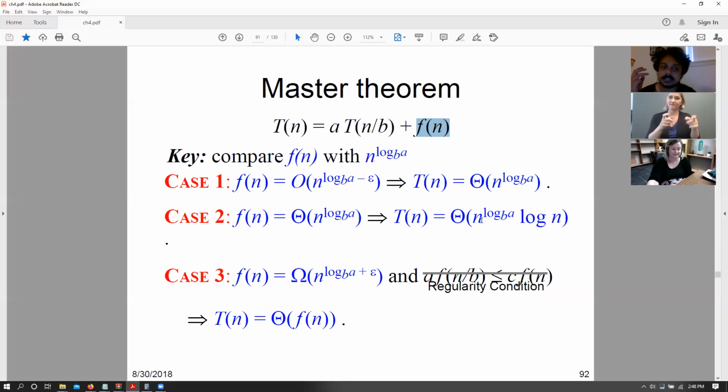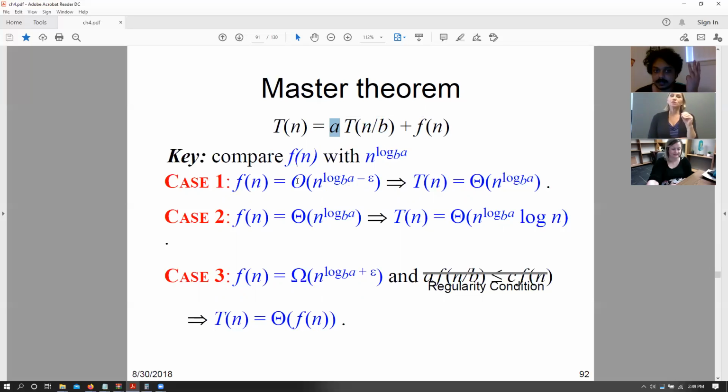This method has 3 possible cases. First, we need to compare f(n), which could be anything, n squared, n cubed, n plus 1, whatever, with n raised to the power of log base b of a, where b is the dividing factor and a is the combining factor, right?